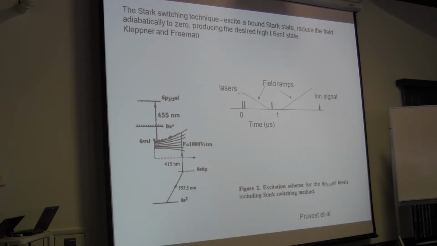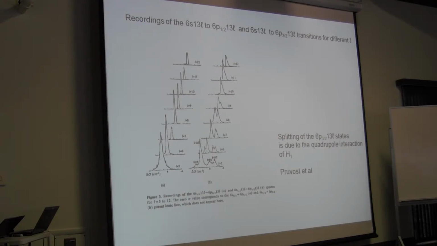So these are the data in which they drove transitions from the 6s13L states up to the 6p 1/2 13L states, and 6p 3/2. And of course, the p 3/2 state of the ion has angular momentum 3/2. It in fact supports a quadrupole moment, and you get the typical quadrupole pattern.